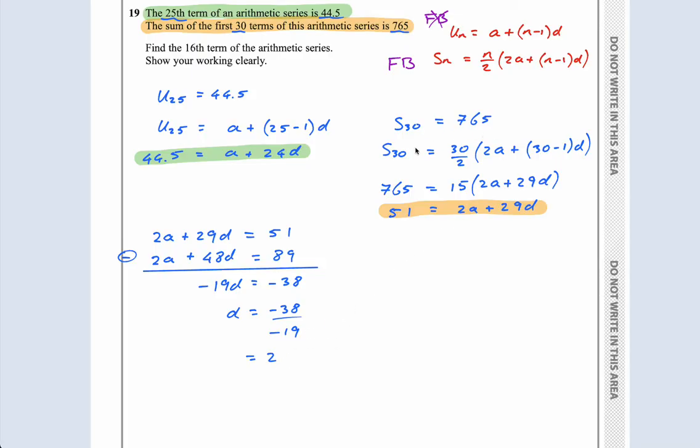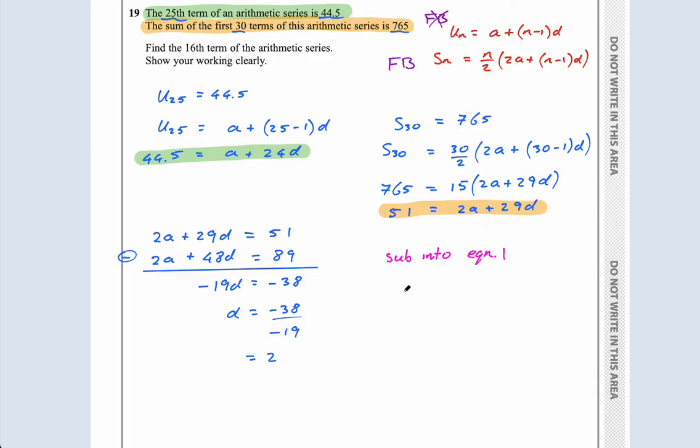d is 2. Once I have d, how do I find a? Well, I'm going to sub it back into one of these. That's right, sub into, let's do equation 1, which is this green equation.